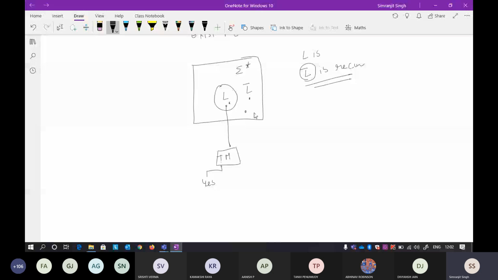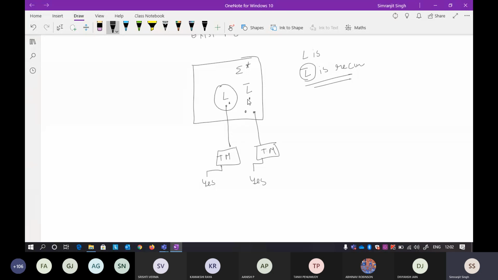So if a string from L dash is given to a Turing machine, it can reply yes, this particular string from L dash is a part of this language, but it cannot reply no.